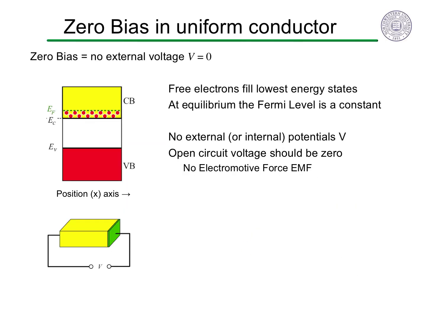To understand drift and diffusion, especially in junctions, we will be considering how the band energies and Fermi level may change with position using block diagrams where the bottom axis is position. In the simple case where there is no external voltage applied to either end and the doping is uniform throughout the semiconductor, the free electrons fill the lowest energy states so that at equilibrium the Fermi level is a constant.